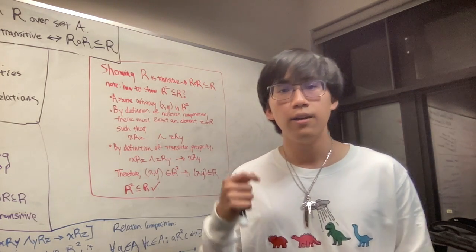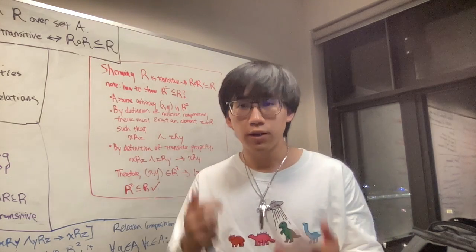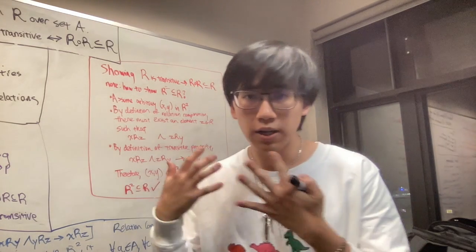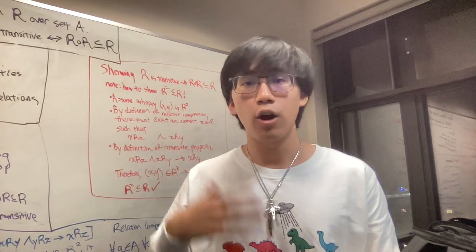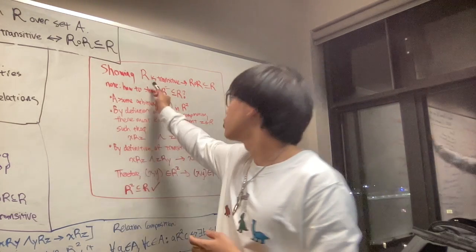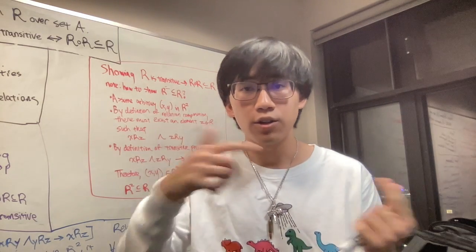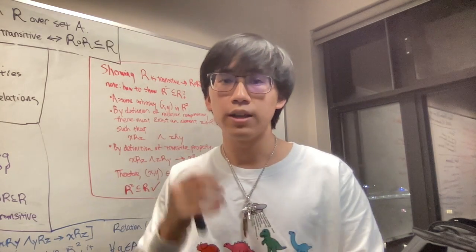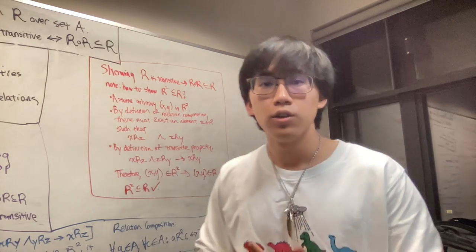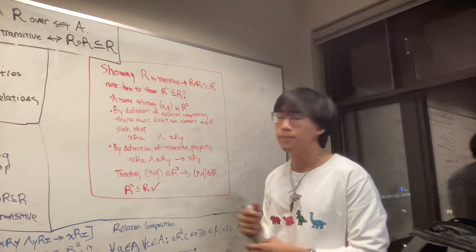Well, the definition of subset means that if there's an element in R squared, it must also be in R. So if we assume an arbitrary element in R squared, and using our assumption that R is transitive, we can show that that element is also in R, then we can successfully prove that R squared is a subset of R. So we'll assume an arbitrary element, this pair xy in R squared.